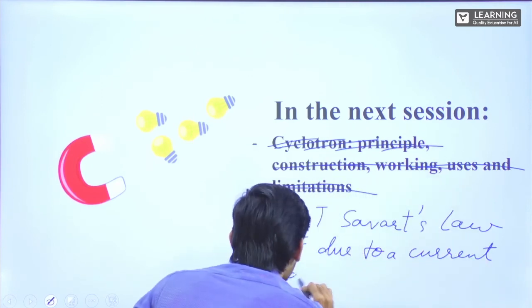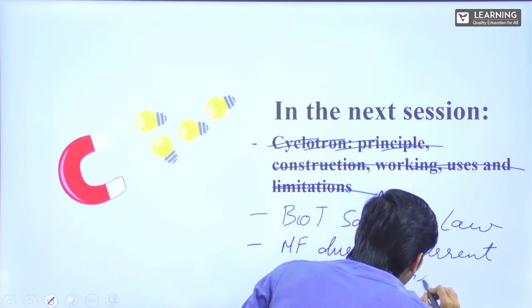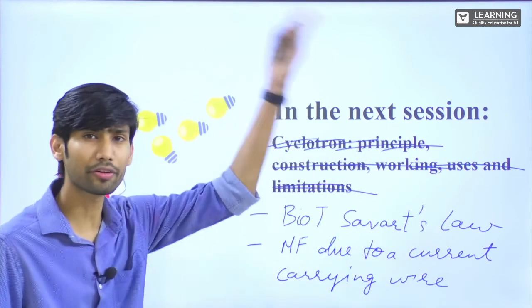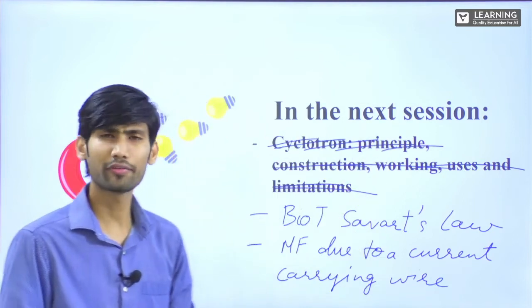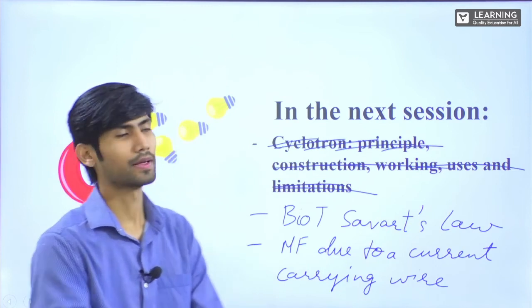We'll be seeing a current carrying wire of infinite length, of finite length, and different questions also we'll do. So this is what we are going to do in the next session.